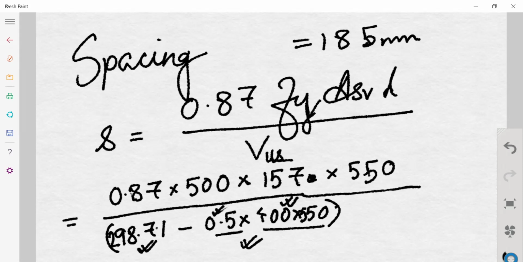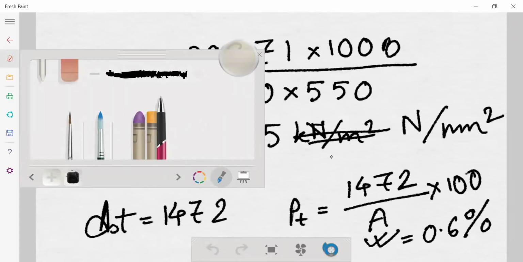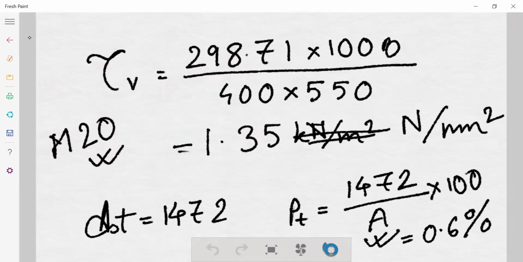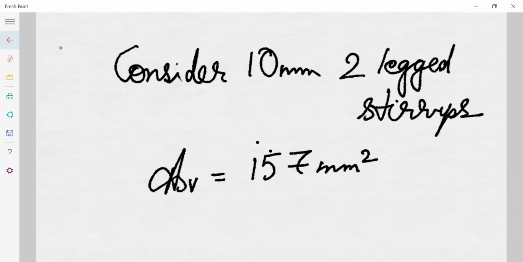So from here we have got the area of steel 1472, and we have got the three numbers 25 mm dia as the recommended area for the moment.